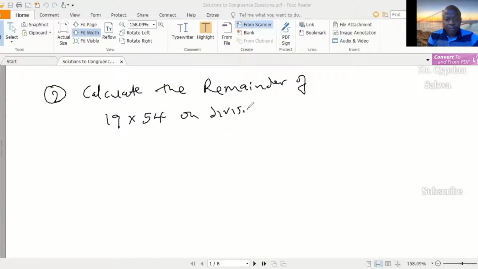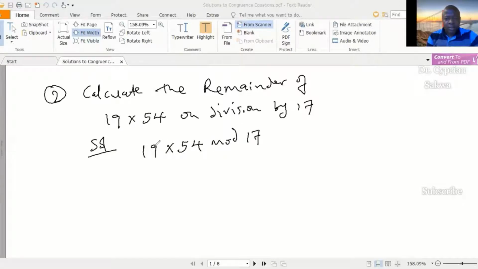This is also very simple. Mathematically, this is what it means: 19 times 54 mod 17. The question is, find this. In other words, what's the remainder when this product is divided by 17?